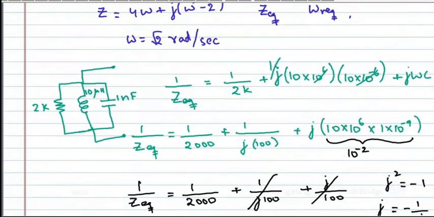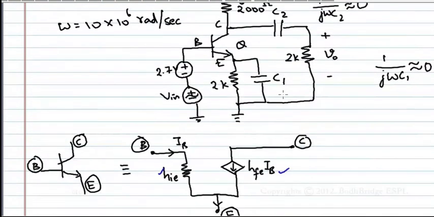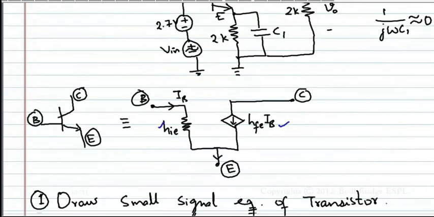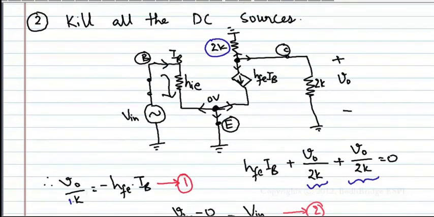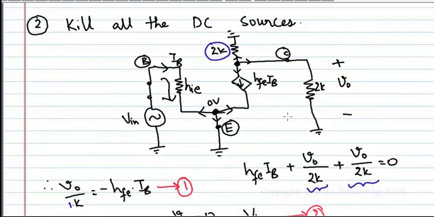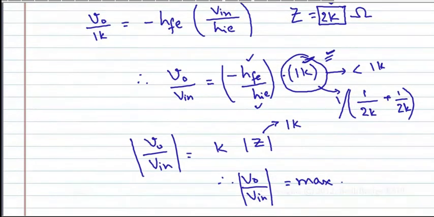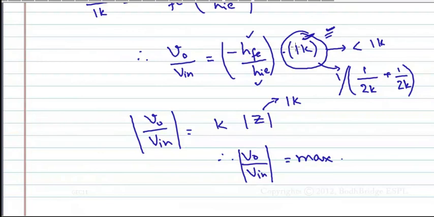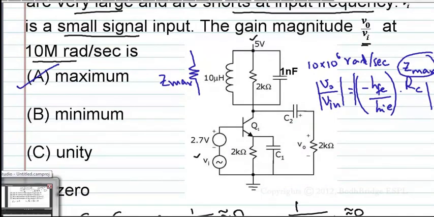Second, I derived the voltage gain of this common emitter amplifier, and I came out with h of fe by h of ie into RC. This is RC, this is Z max. Therefore, the voltage gain is maximum here. Fine. Therefore, what is the answer finally? A. Once you know the analog circuits very nicely, meaning if you remember the results, all these questions are very easy to solve.